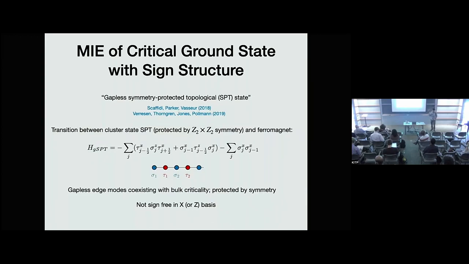Well, okay, so at first we were hopeful that the forced MIE could already be enough for our purpose, but it's actually quite tricky. Even for the sign-free critical Ising ground state, if you force a particular measurement outcome, you can generate a Bell pair that's arbitrarily long range, right?